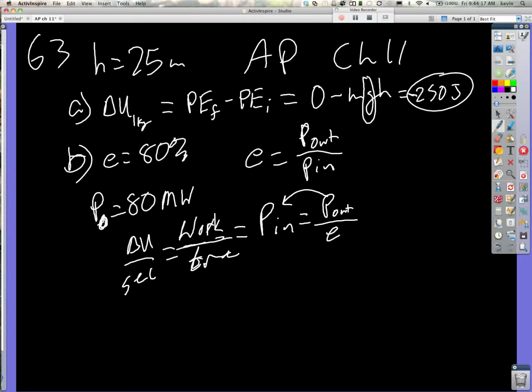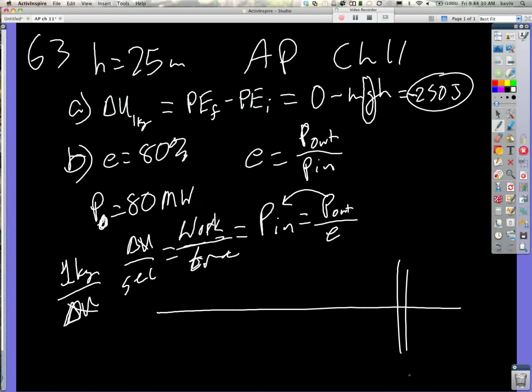So if we do it step by step, if we want, just take the power out divided by the efficiency, so that's going to be 80 times 10 to the 6 watts divided by 0.8. Right, so then that becomes 1 times 10 to the 8th watts.